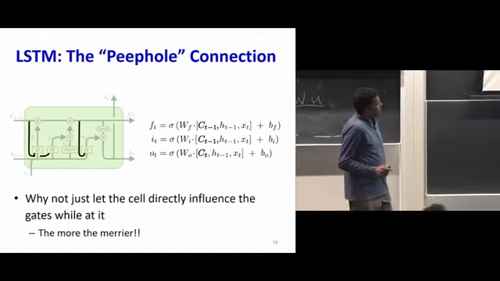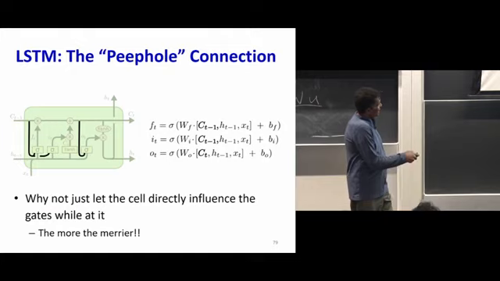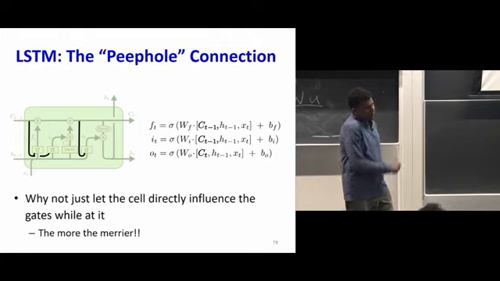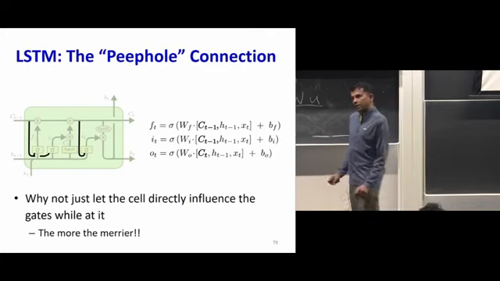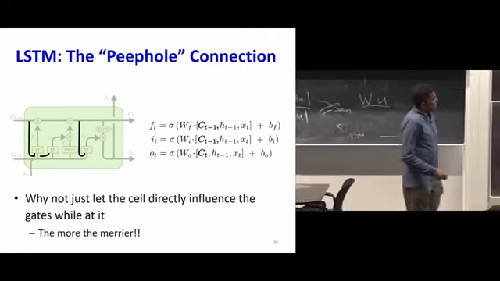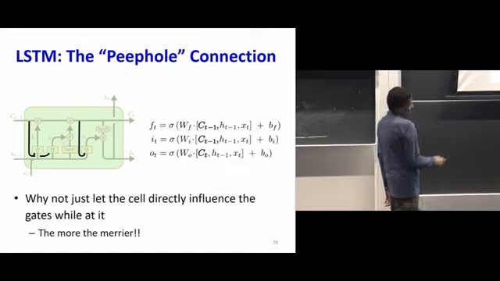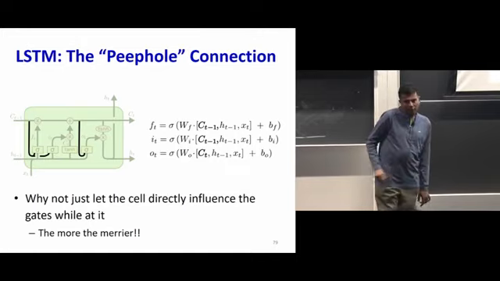So while we are adding all of these factors, right, we are adding the hidden state, we are including the input state. Why not also directly let the currently remembered cell state also directly affect the various gates? So what is done in this architecture is that you have these so-called peephole connections, which let the current cell state affect the gate values.